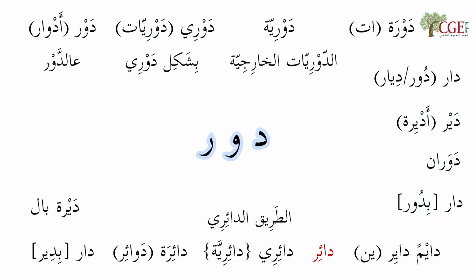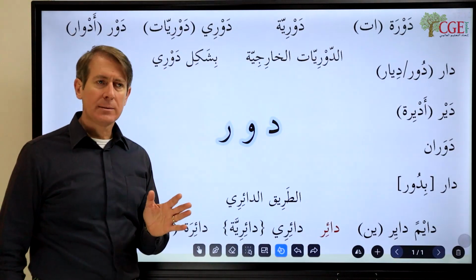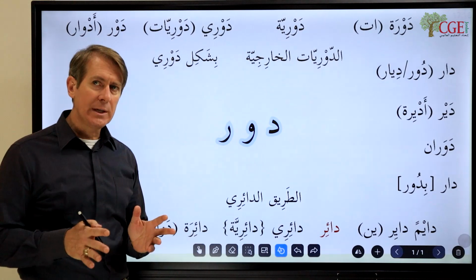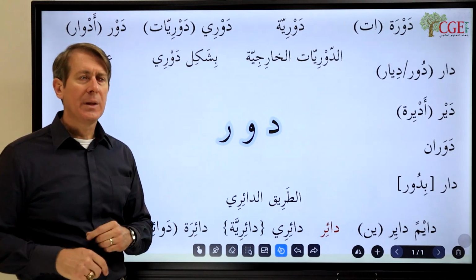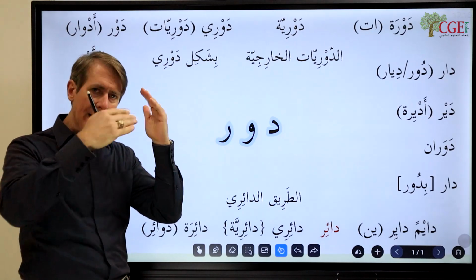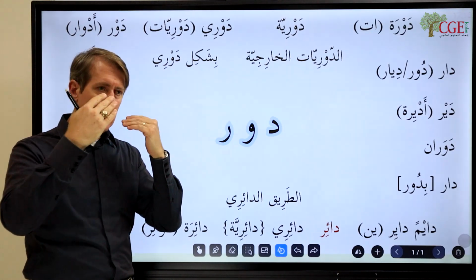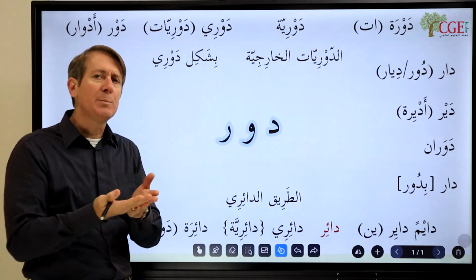The last thing I'll say while you are all looking at these words, and this is important for this particular one, dar bidir, is we say dir balak. Dir balak means be careful. It literally means rotate your mind or your thinking, keep your mind sharp, but it really means be careful.